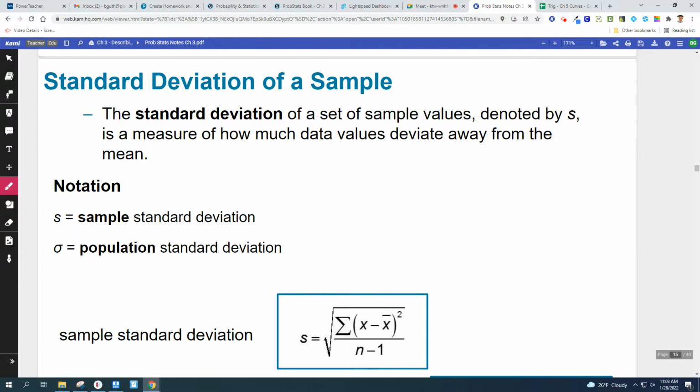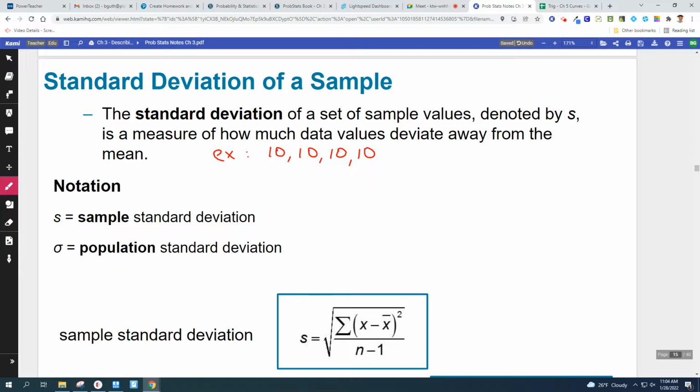All right, here's where it gets harder. The standard deviation of a set of sample values, denoted by S, is a measure of how much data values deviate away from the mean. For example, I'll give you a list of numbers. It's pretty easy to calculate the mean of those 4 numbers.